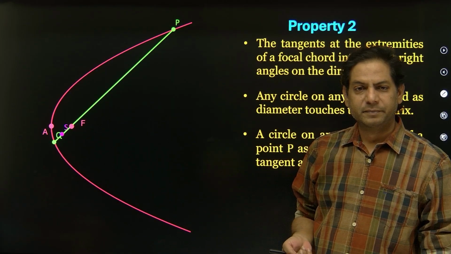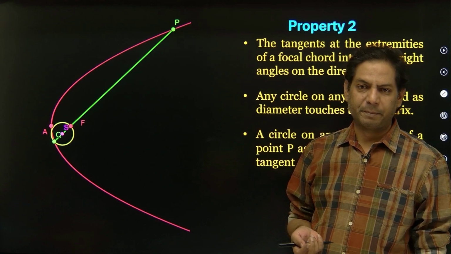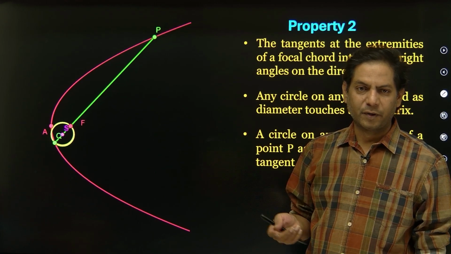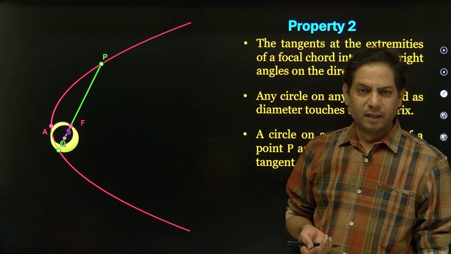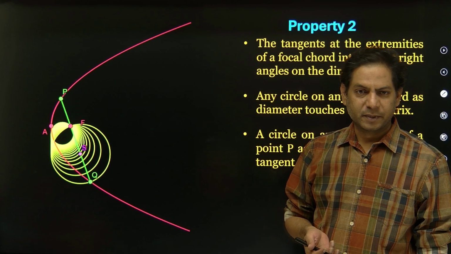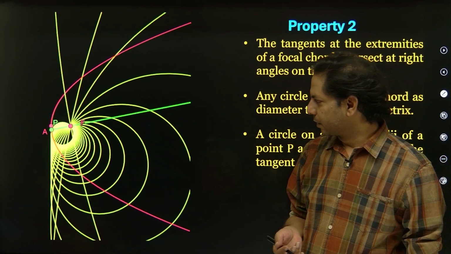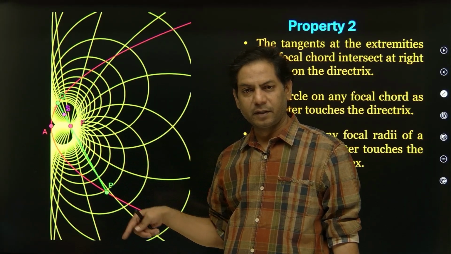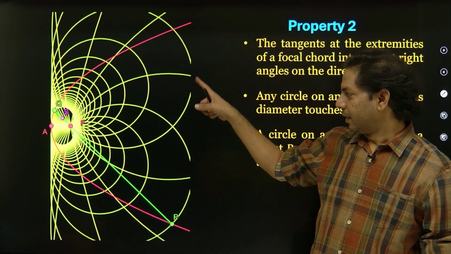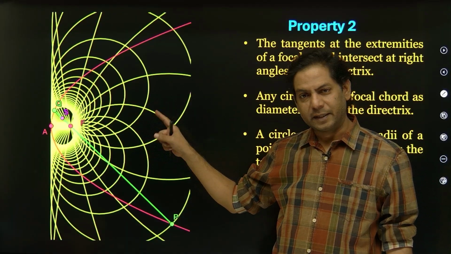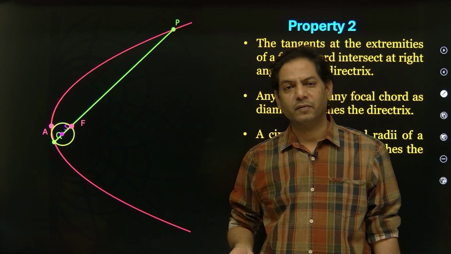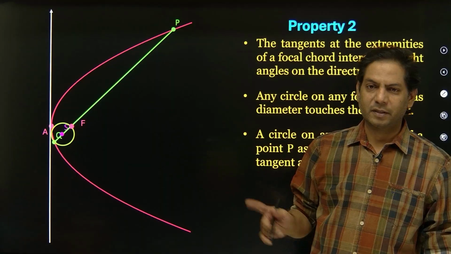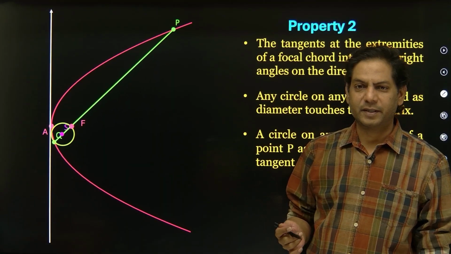Let's draw the circle and let's change the position of point P again, and let's see what happens to this. Again the same thing is happening. All these circles are also not going to cross this vertical line, which in the earlier case was the tangent at the vertex, and in this case also that line is the tangent at the vertex. So this circle will also be touching the tangent at the vertex.